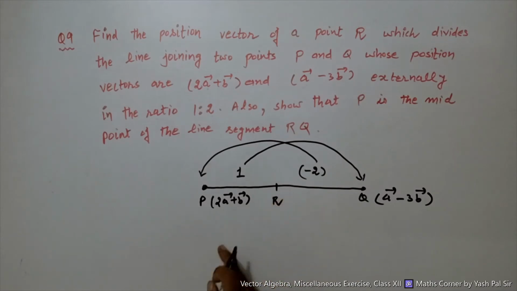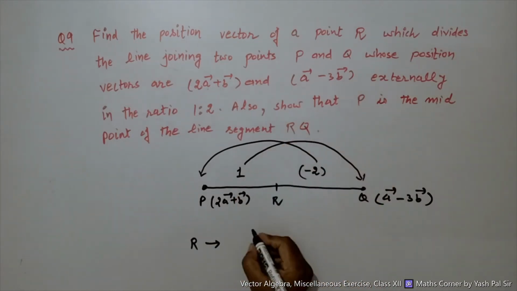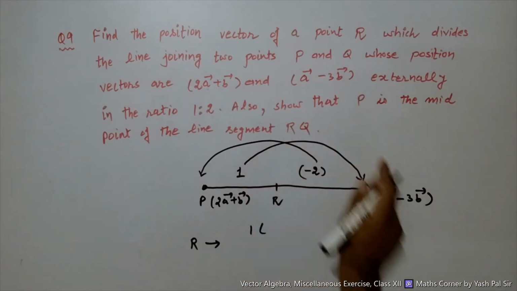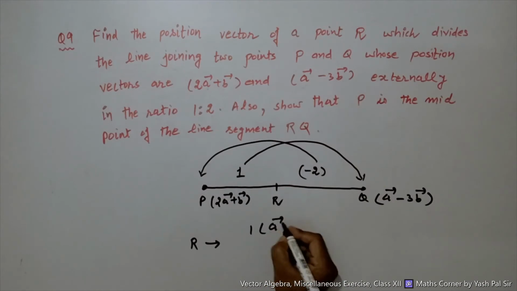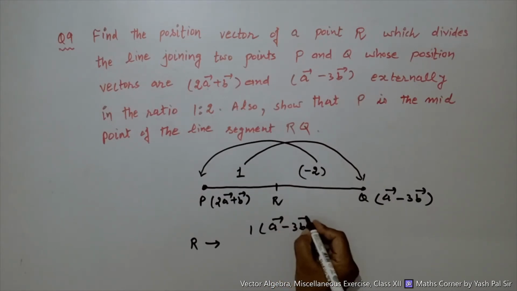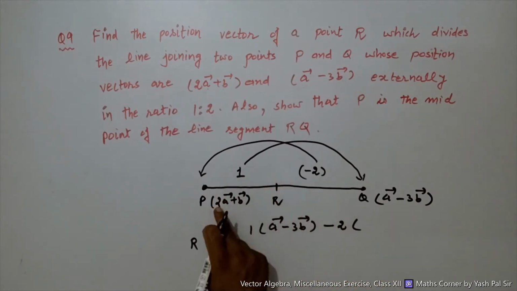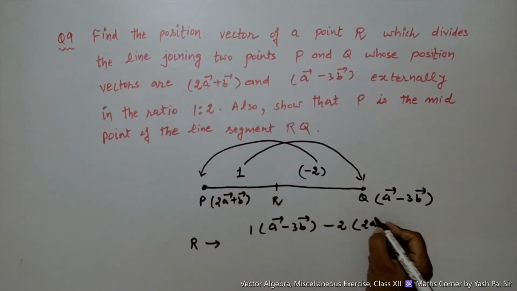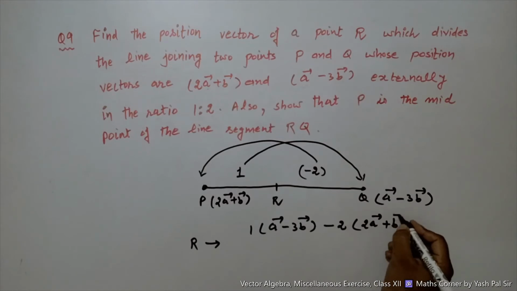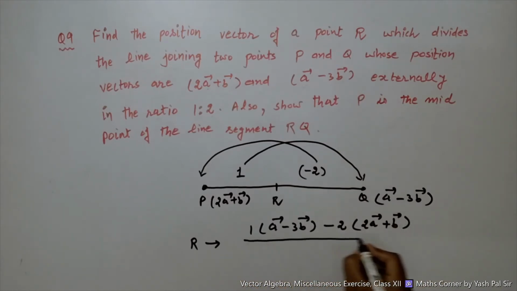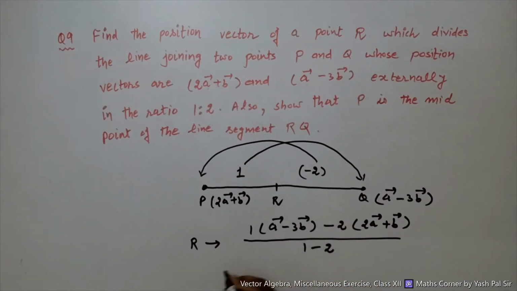So this way the position vector of R will be equal to 1 into (A vector minus 3B) minus 2 into (vector A plus vector B), divided by 1 minus 2, right?